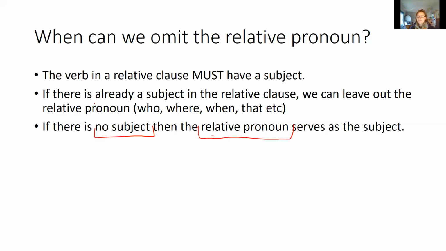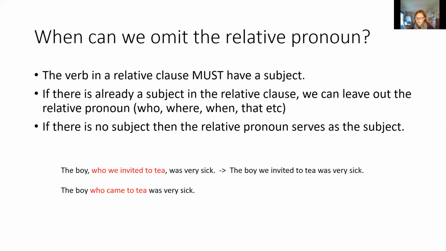If there is a subject, then you can leave it out. So for example, the boy who we invited to tea. So here is our main verb, and here is our subject. So we can drop that. We can say the boy we invited to tea was very sick.